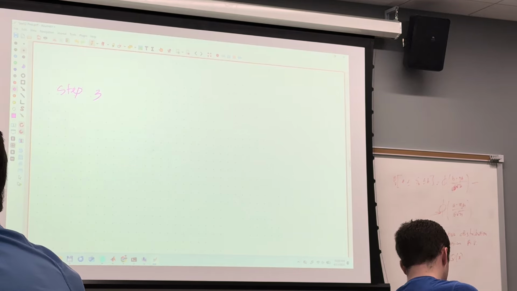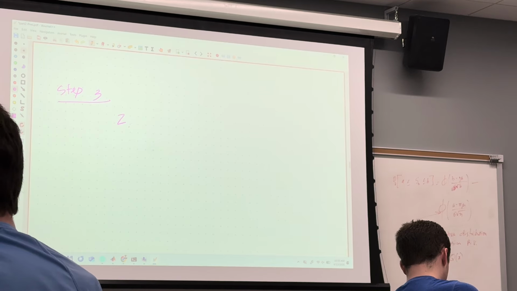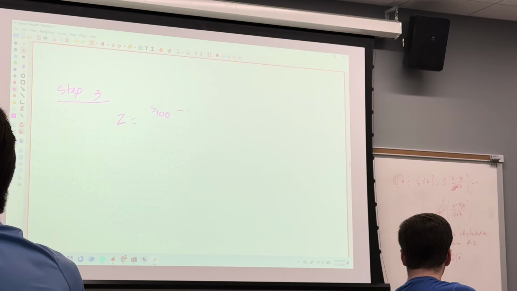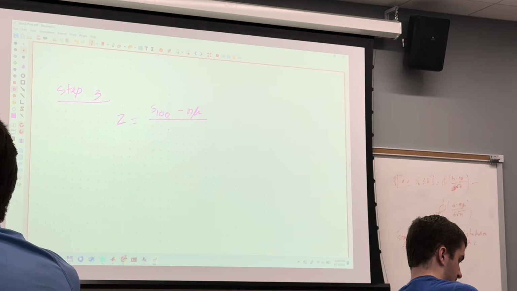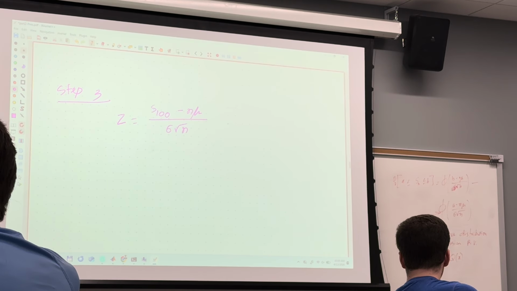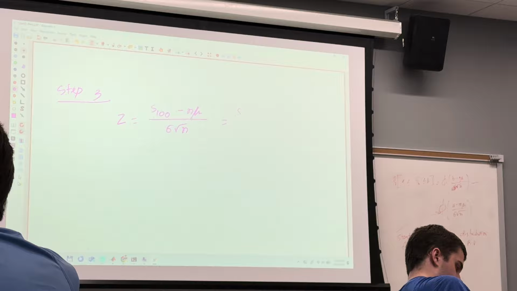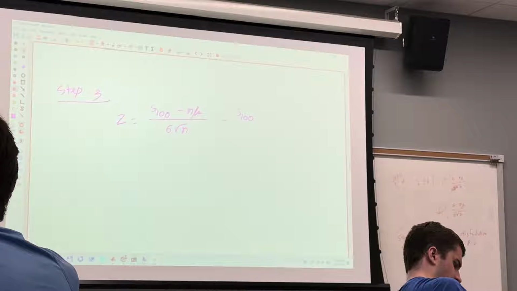Step 3: standardize and use the central limit theorem. Standardization is Z equals S100 minus n mu over sigma square root of n. We do not know what S100 is, only its mean and variance.